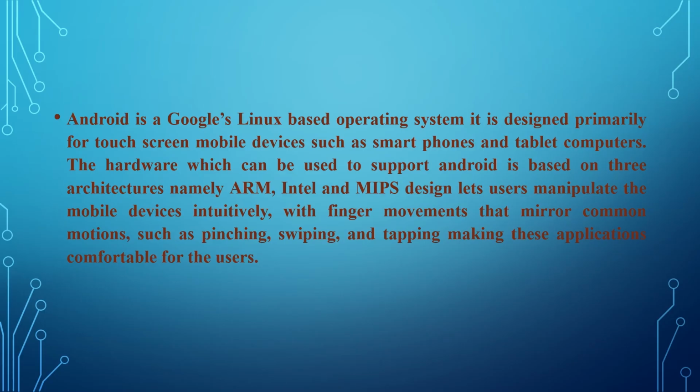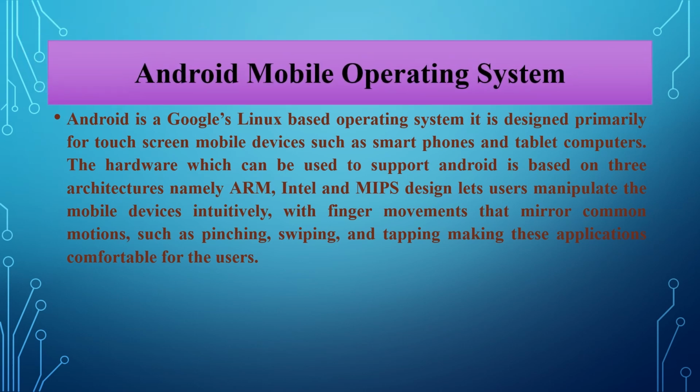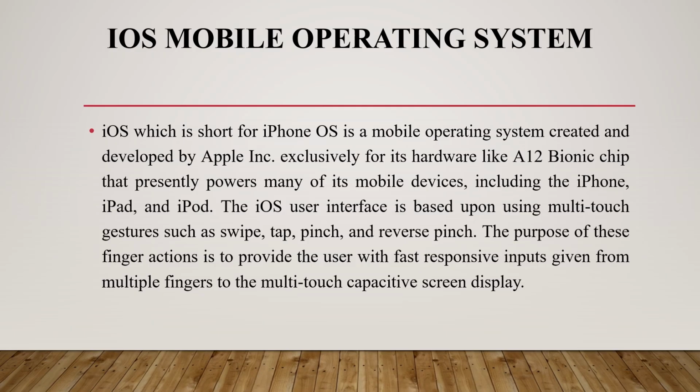Android mobile operating system. Android is a Google Linux based operating system. It is designed primarily for touch-screen mobile devices such as smartphones and tablet computers. iOS mobile operating system. iOS, which is short for iPhone OS, is a mobile operating system created and developed by Apple.